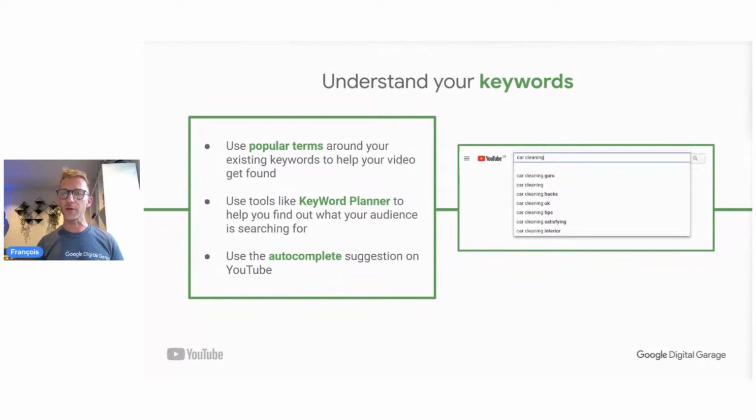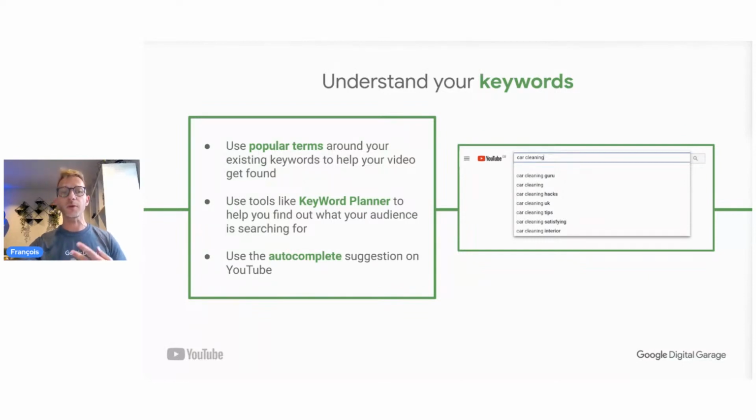And yes, keywords are going to be used within your description and also with tags and keywords in your YouTube Studio. Of course, you can use tools like Google Trends, but also Google Keyword Planner, which is now part of Google Ads.